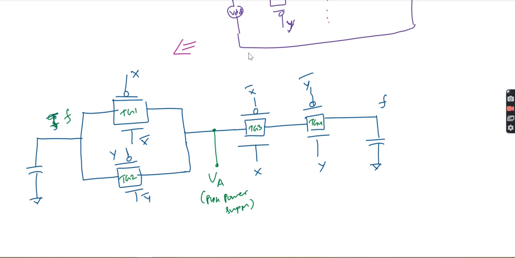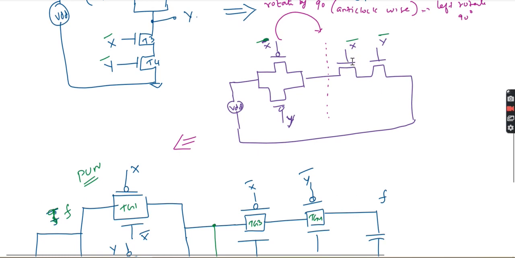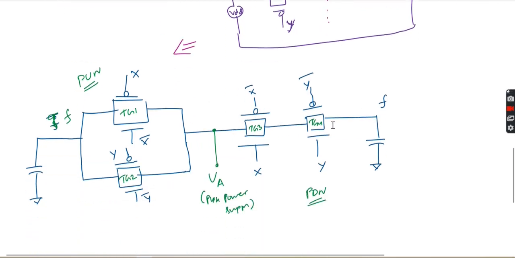Similarly here also, this portion is your pull-up network and this portion is the pull-down network. In the pull-down network, the NMOS is driving X bar. So when you change to a transmission gate, the NMOS will be X bar, and then the PMOS will be X.